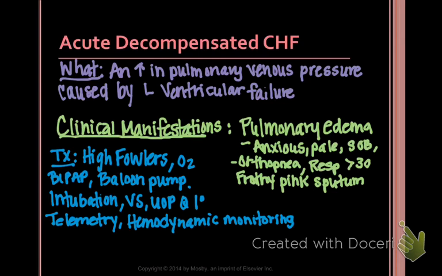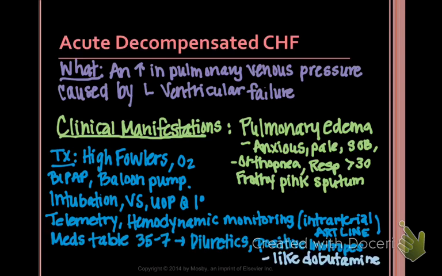Their vital signs and urine output are going to be Q 1 hour. These are sick people. They're going to be on telemetry and hemodynamic monitoring. And when I say hemodynamic monitoring, I mean like an ART line, an intra-arterial line. Again, we're going to talk about that. These are your sick people who are going to be in ICU, monitored closely. There's a meds table, table 35-7, that talks about some treatment: diuretics, positive inotropes like dobutamine.